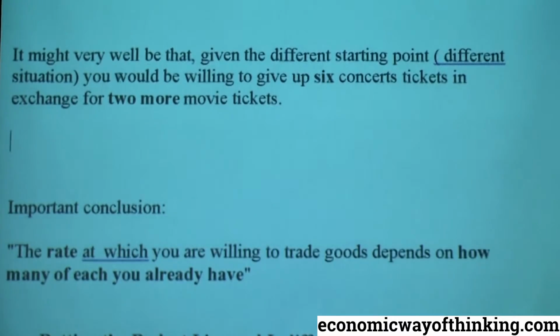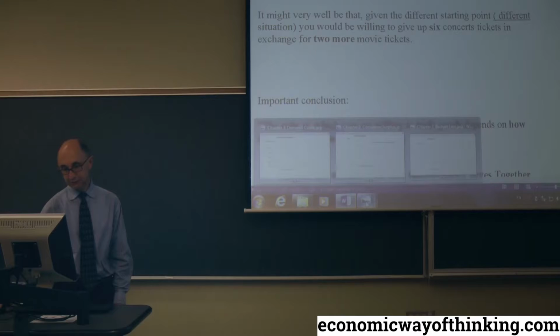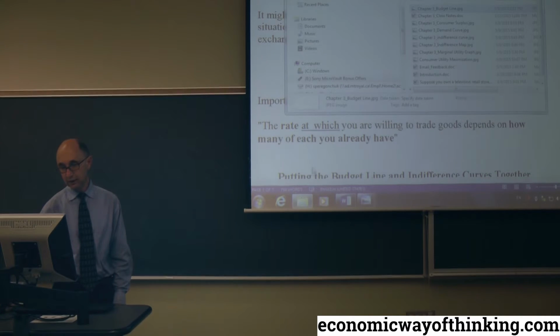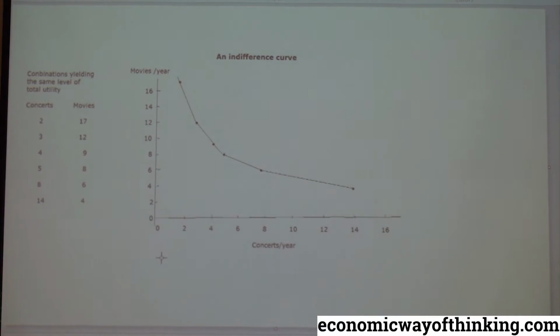So now, that information about trade-offs at different starting points is reflected on our diagram, the indifference curve, through this table and the graph that reflects the information on the table. These are combinations of 2 goods that provide the same level of utility.